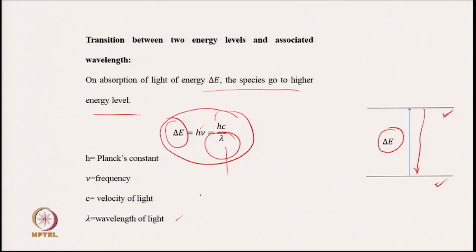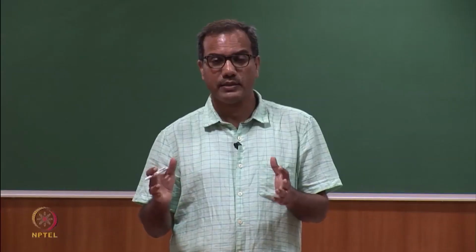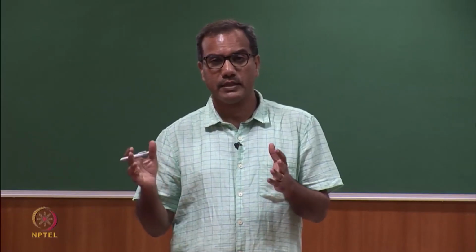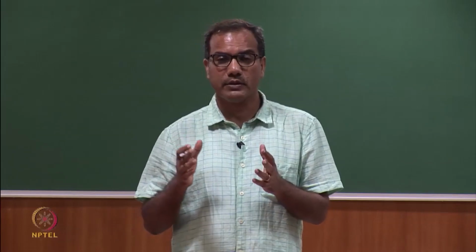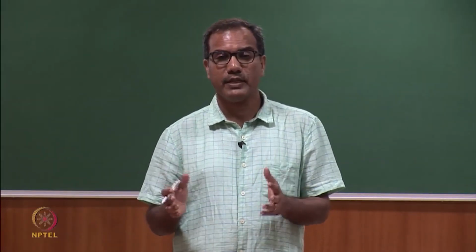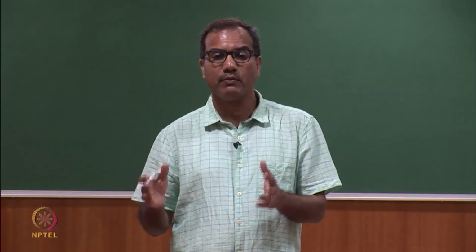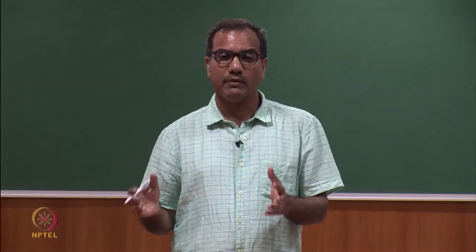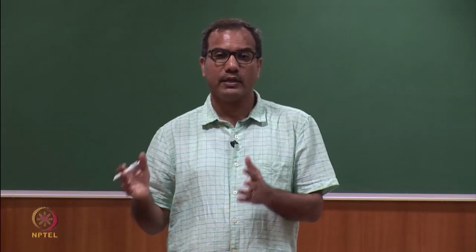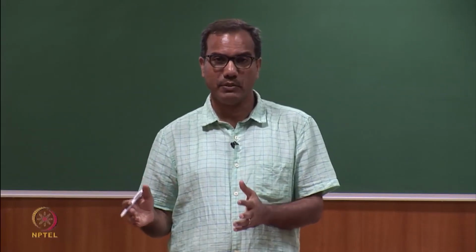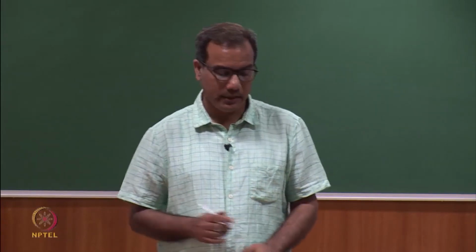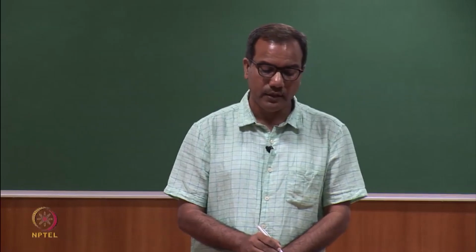In this lecture we have discussed quantization of energy, and this concept is important because it led to the development of quantum chemistry, which is quite important to understand the basics of spectroscopy. So, I will stop here and thank you for listening.